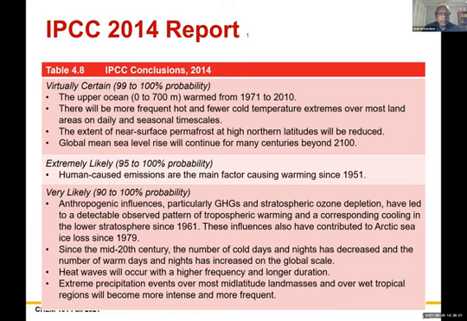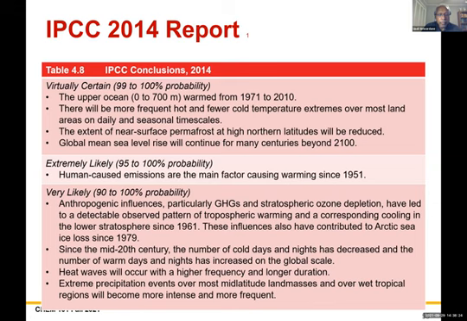Ice is melting. Since the mid-20th century, the number of cold days and nights has decreased. The number of warm days and nights has increased. Heat waves will occur with higher frequency and longer duration.